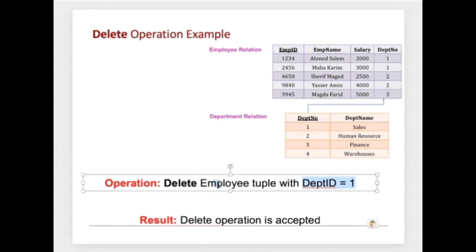According to this query, we want to delete all the tuples where department ID is 1. So department ID is 1 here, department ID is 1 here. These two tuples will be deleted. Question is, is this query allowed or not? This department number is a foreign key in this table employee, while it's the primary key in the department relation.